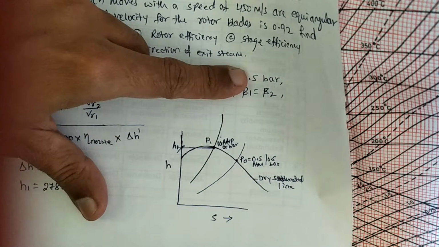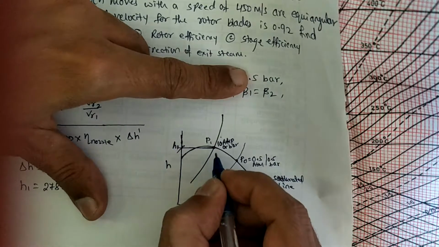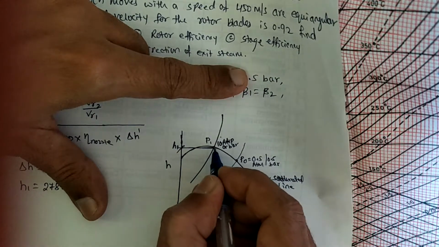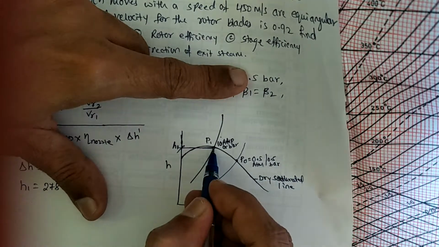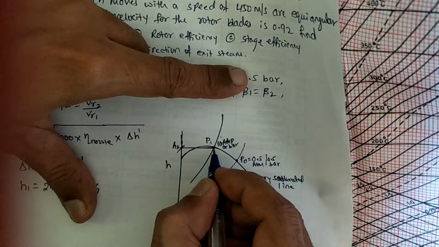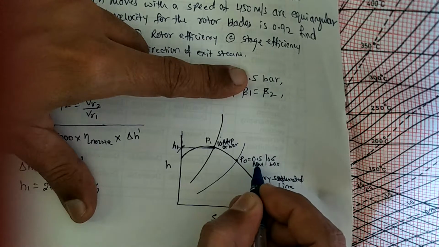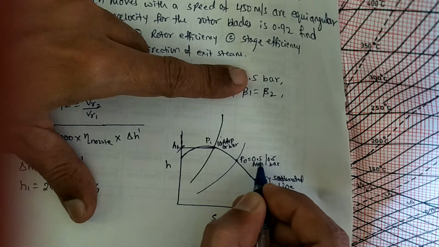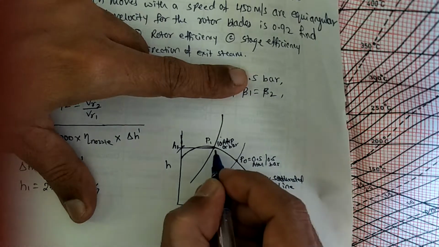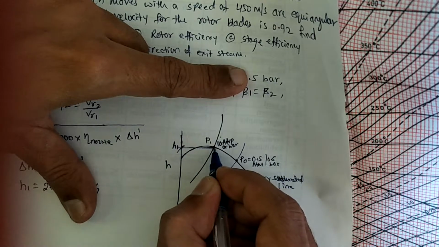Now since it is an isentropic drop, you have to draw a line vertically downward from P1, so that it cuts the P0 line, that is the 0.5 atmospheric pressure line.